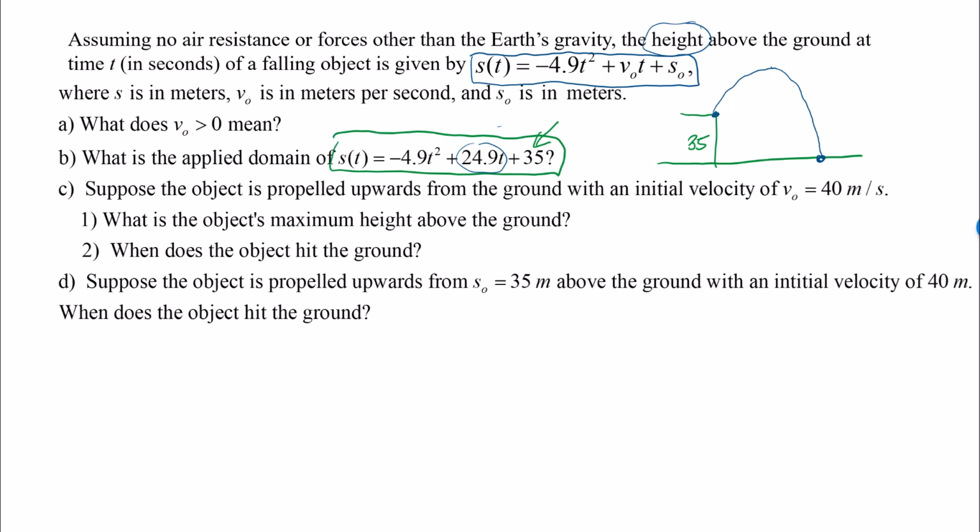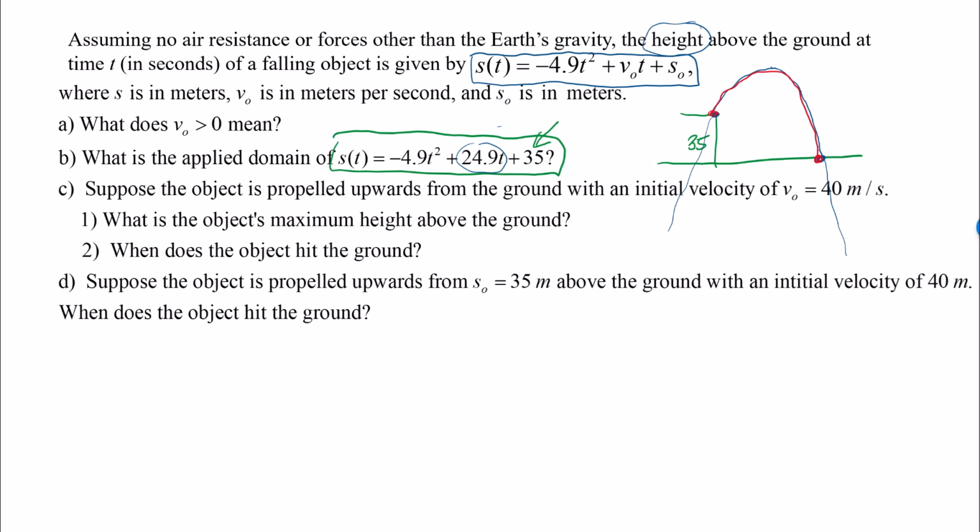And so the domain is not going to be all real numbers, because if you trace this parabola out, it would keep going back this way and it would keep going this way, but those do not have an application to our problem, so we need to restrict it from here to here. That is what is called the applied domain.